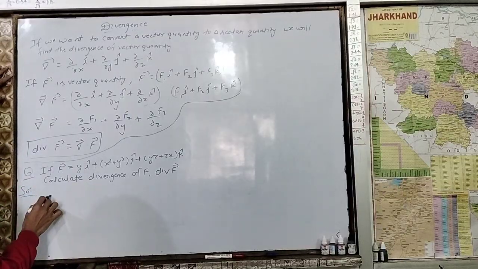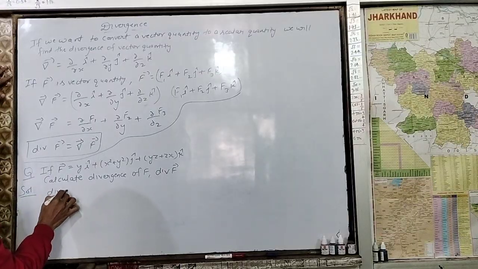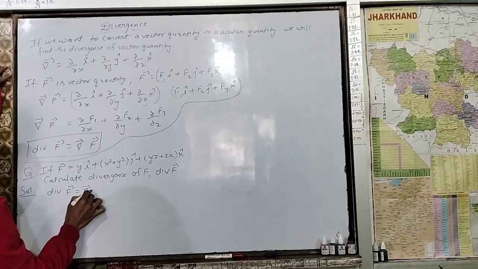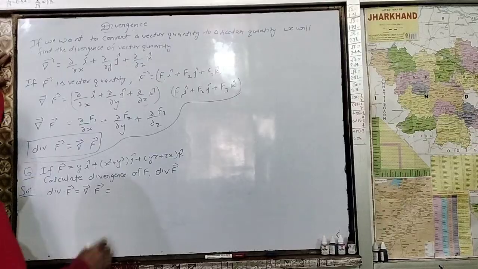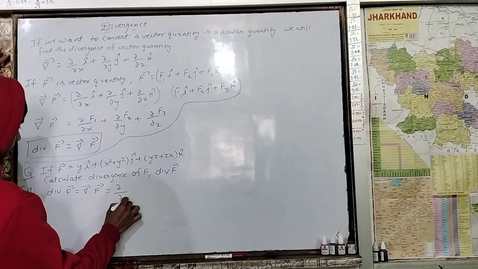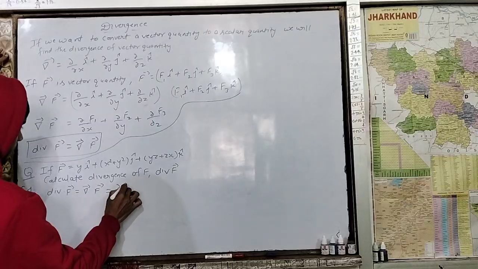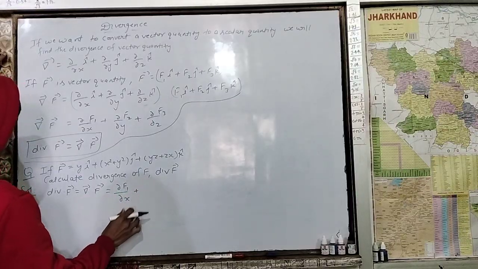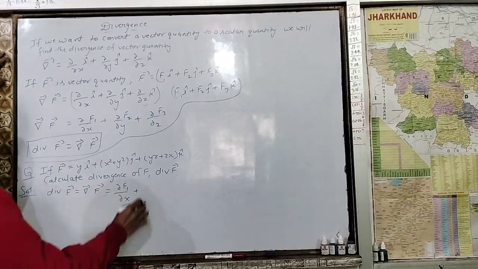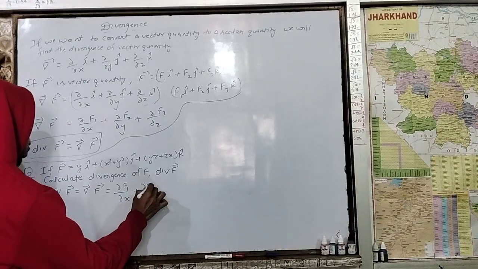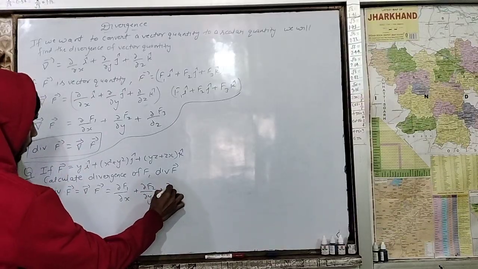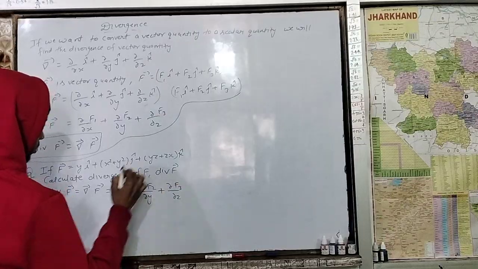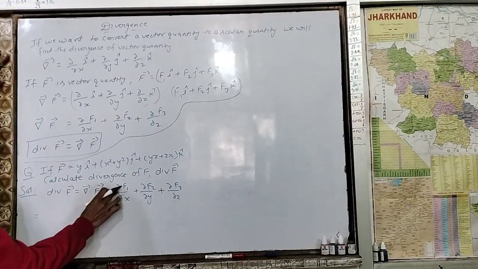So div of f is equal to del operator dot f, which is equal to d upon dx of the first term f1, plus d upon dy of f2, plus d upon dz of f3.